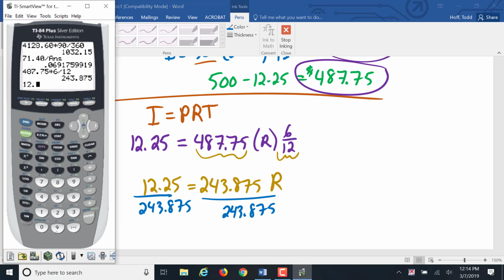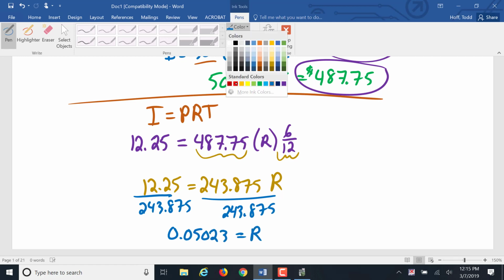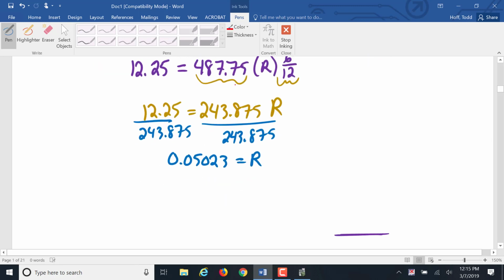So 12.25 divided by that 243.875 is 0.05023. Remember, we go to 5 decimal places. That equals R. We convert that into a percent by moving the decimal point 2 spots: 5.023%.